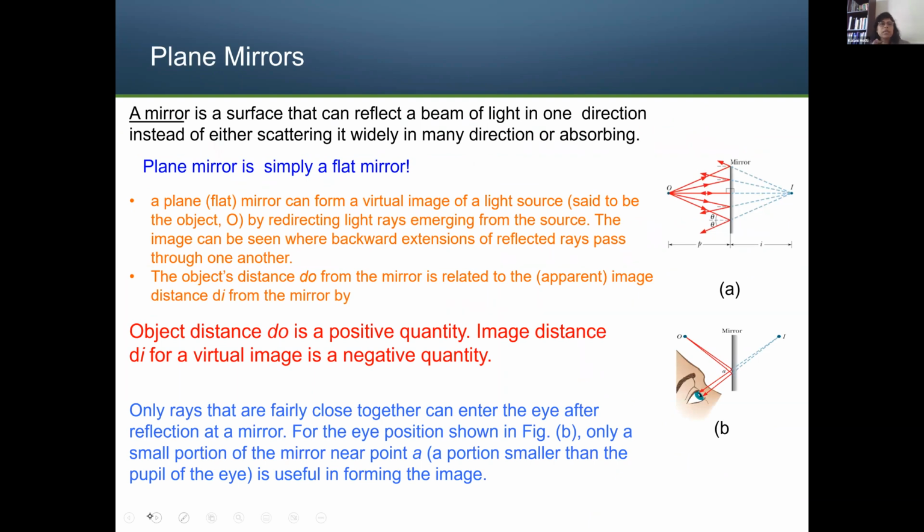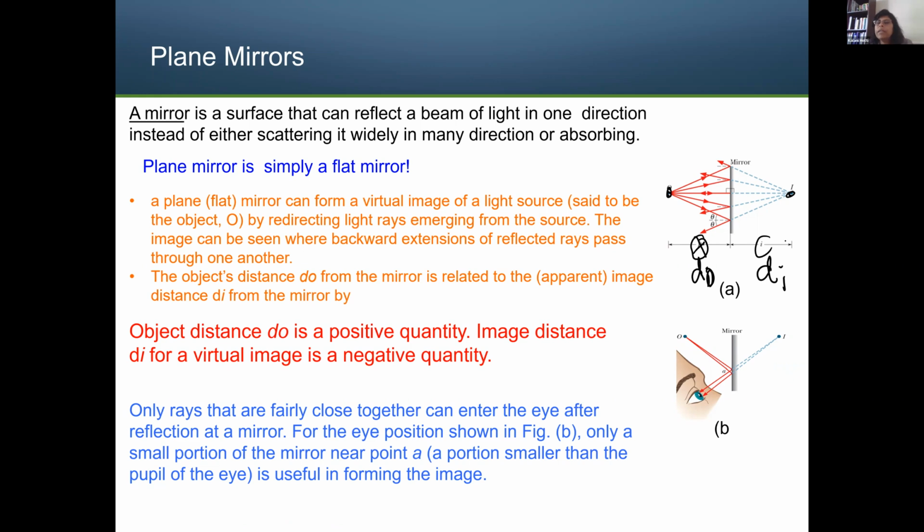Now, the first one that we're going to discuss is the plane mirror. A plane mirror is simply a flat mirror that you see in your bathrooms. In the plane mirror, when you sit in front of the mirror, you see yourself inside the mirror at almost the same size and same distance. I'm going to write D naught and DI.